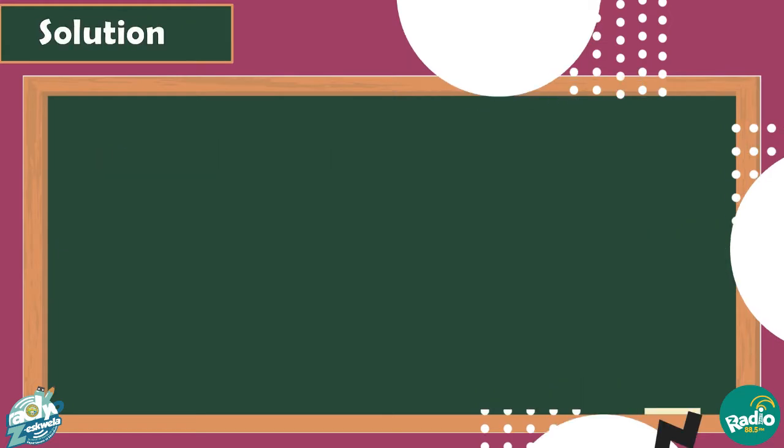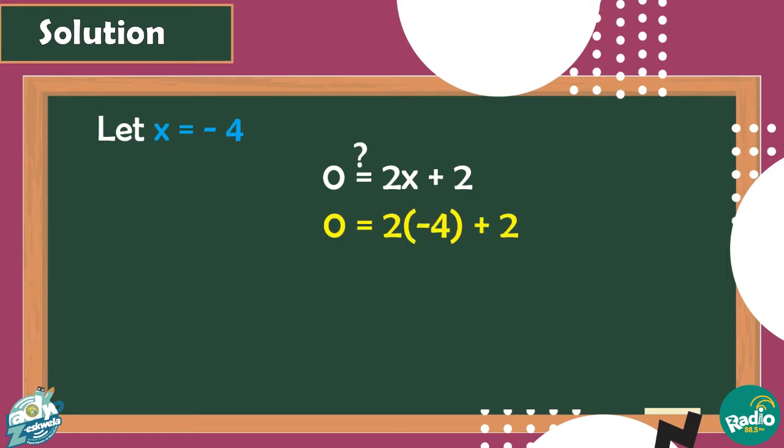Let's start evaluating the equation using the value of x, which is -4, by copying our equation, 0 = 2x + 2. Simply substitute the value of x, which is -4, into our variable in the given equation. Our equation becomes 0 = 2 times -4 + 2.